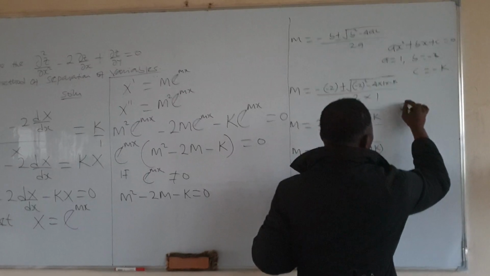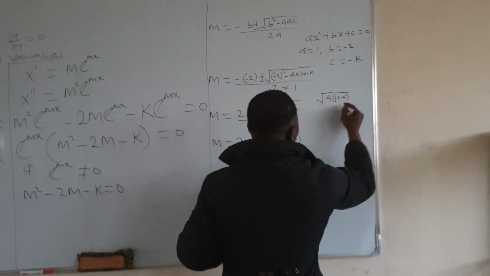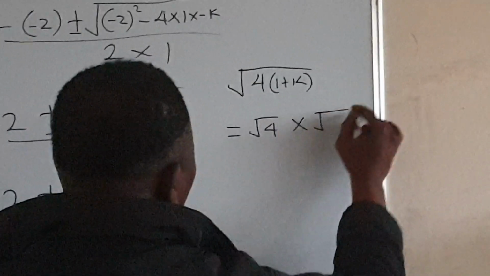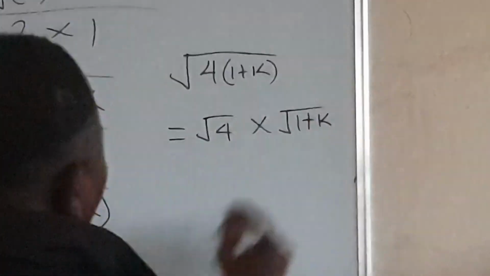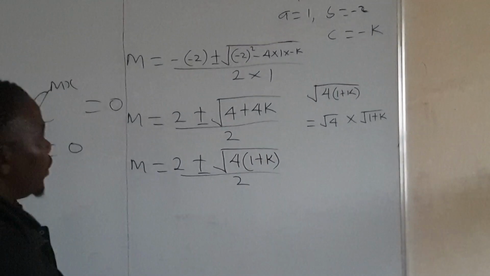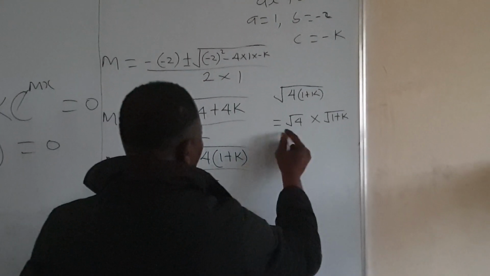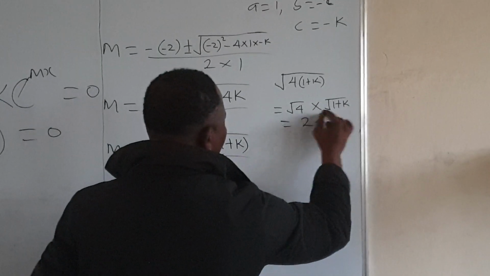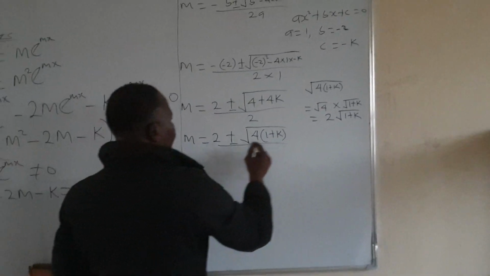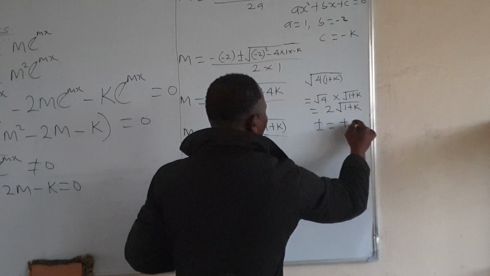If we have square root of 4 all in bracket 1 plus k close bracket, this is the same thing as square root of 4 times square root of 1 plus k. True or false? So yes, true. So square root of 4 will give us 2 times square root of 1 plus k.